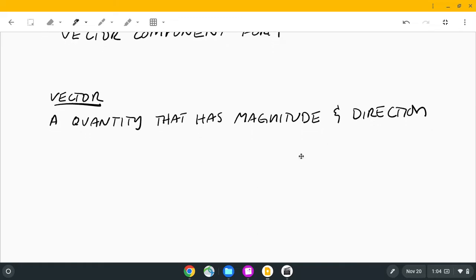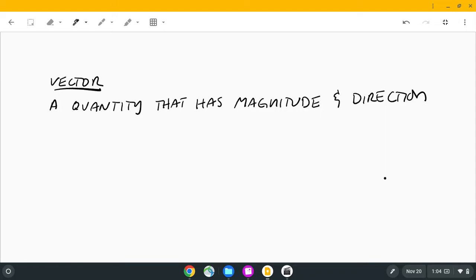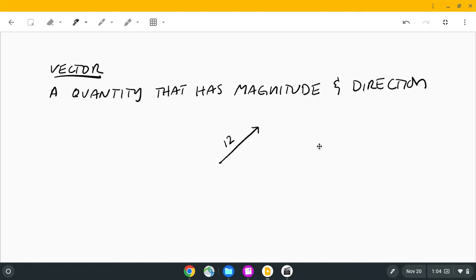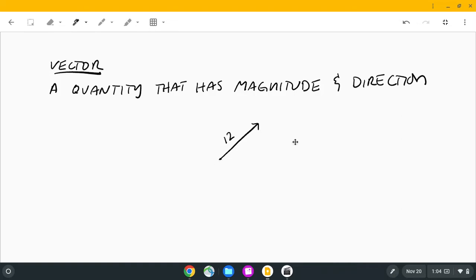So maybe you have a rope that's pulling on an object in this direction. That's why the direction is important. Your object is being tethered at the end there, pulled in that direction, and this here would be its magnitude. It has a magnitude of 12. So when we're just talking about vectors by themselves and not representing any forces, the magnitude just represents the length.